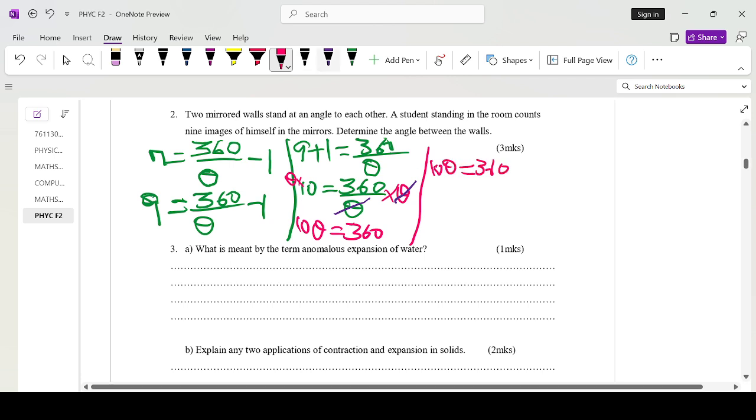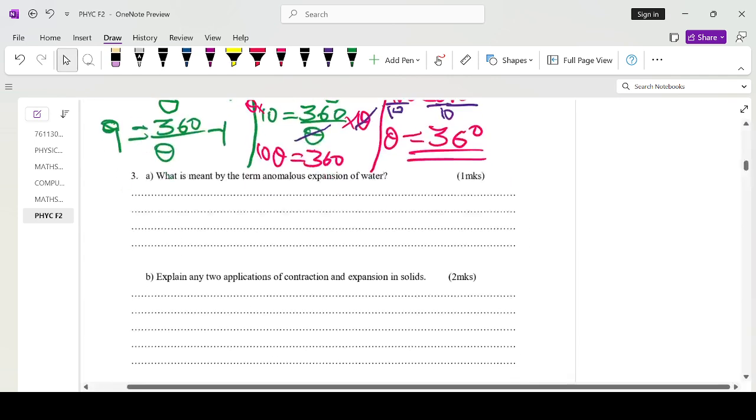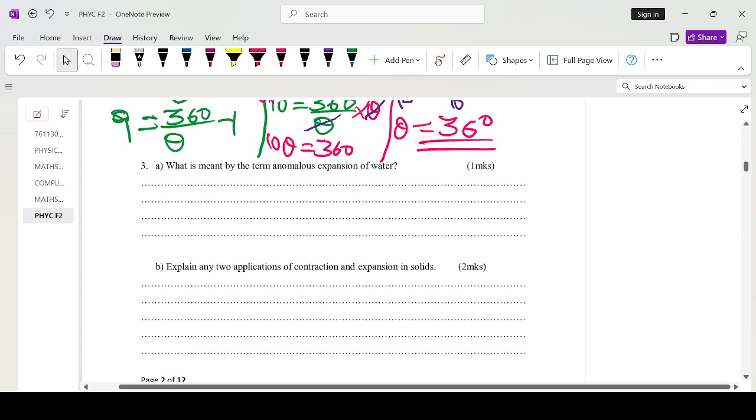I want to remain with theta, so I divide here by 10, and I also divide here by 10. So learners, I'm going to get my theta as 36 degrees, and that now will be the angle between the two walls.